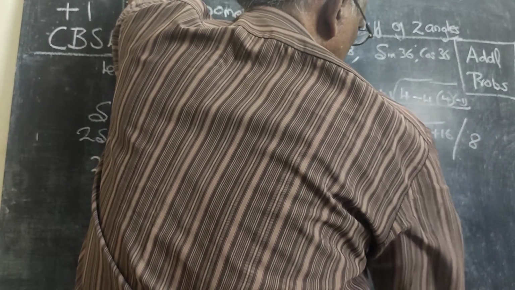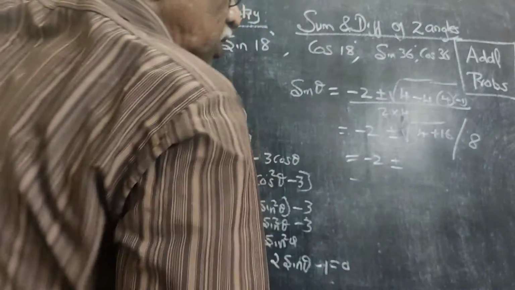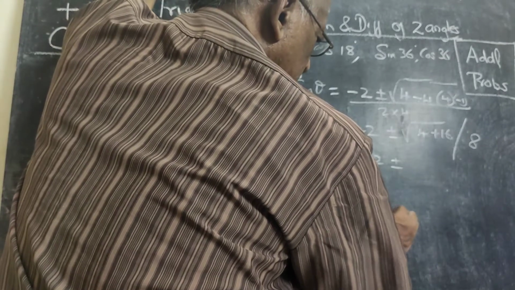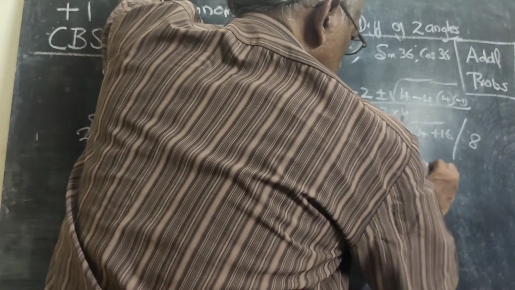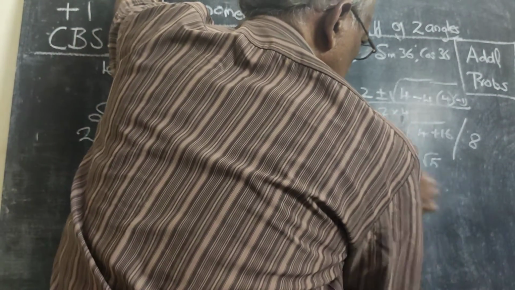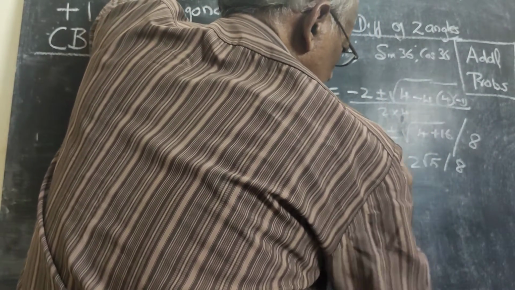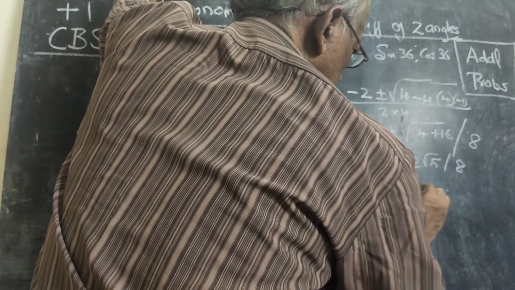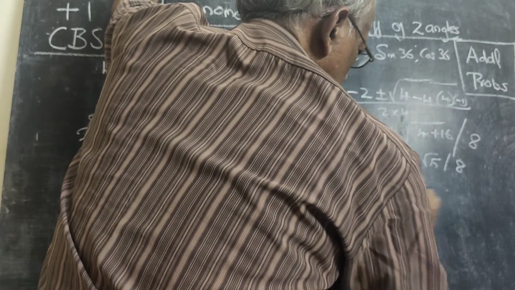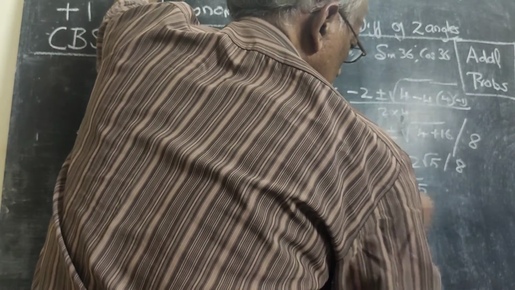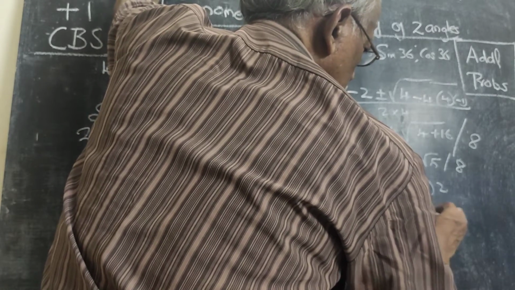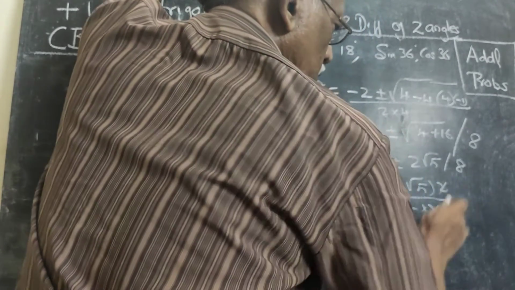So minus 2 plus or minus square root of 20, I can write it as 4 into 5, so it becomes 2 root 5 by 8. After cancelling 2, this becomes minus 1 plus or minus root 5 by 4.